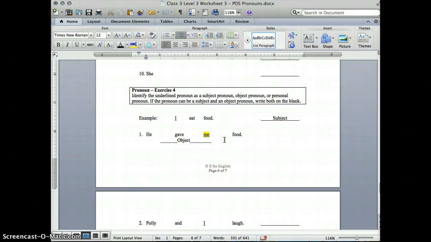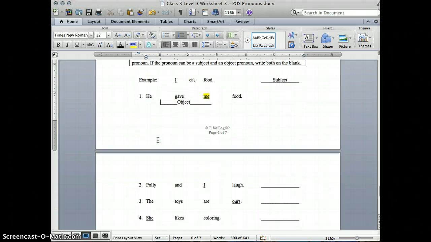It's not a possessive pronoun because it's not telling who the object belongs to. It's not me food. It's not my food. It's I am being given the food. He is giving me the food. And yes, there actually is another pronoun here, but since that's not the underlined pronoun, we're just going to ignore that one.